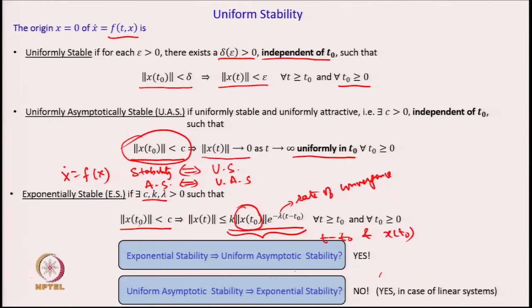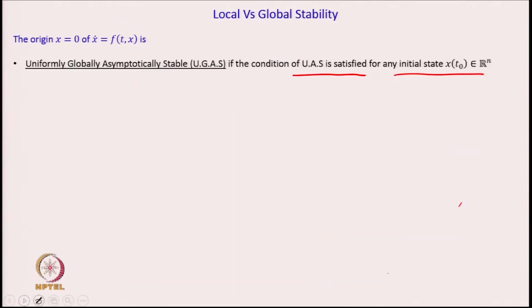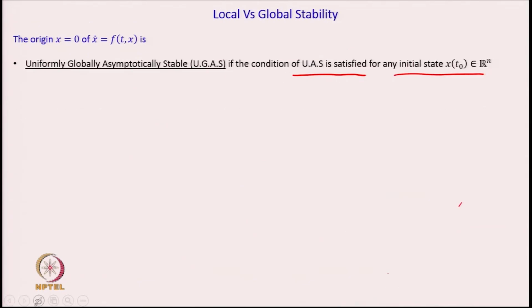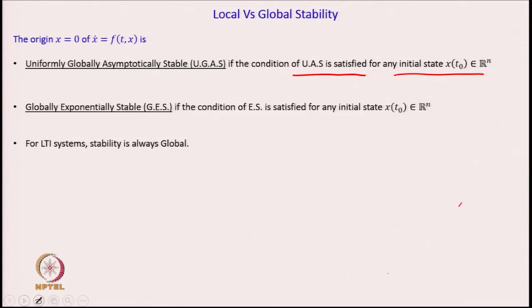So, if we go back here, if we say that c is equal to infinity, that is the initial condition can be anything in the state space, and this condition is true, then the equilibrium point is going to be globally exponentially stable. As I mentioned, for linear time invariant systems, stability is always global. So, either they are globally stable, in fact they are globally exponentially stable, or they are marginally stable, or they are unstable.